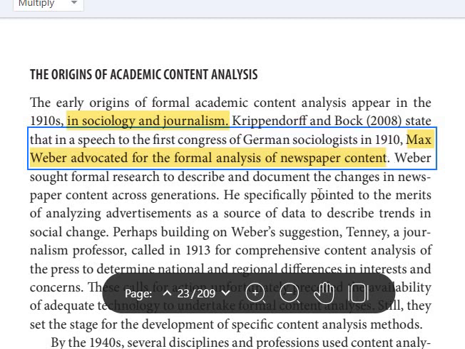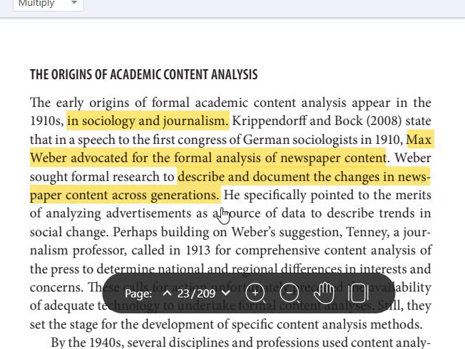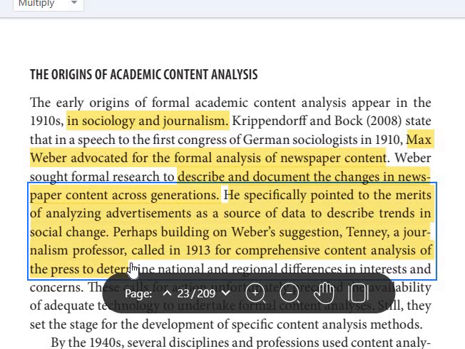Now, Weber sought formal research to describe and document the changes in newspaper content across generations. What did he actually do? He specifically pointed to the merits of analyzing advertisements as a source of data to describe trends in social change. Max Weber wanted to focus on the changes in the use of advertisements in journals. That's why it was used in sociology and journalism.